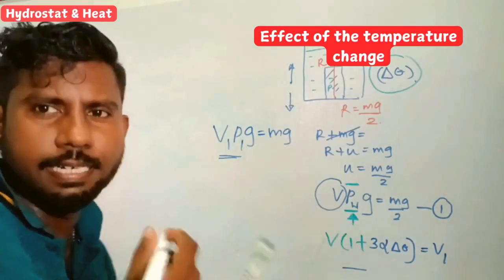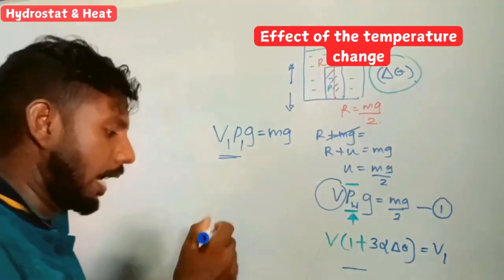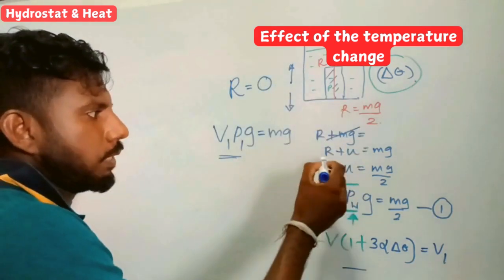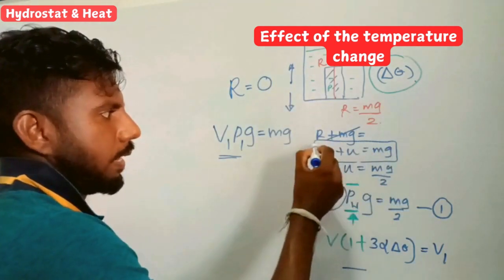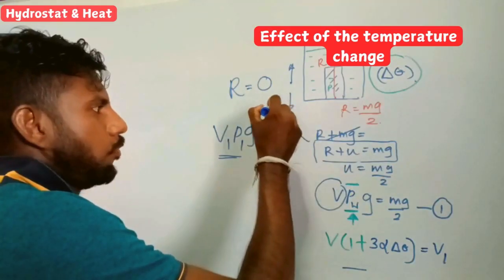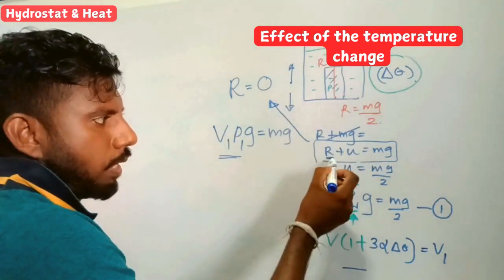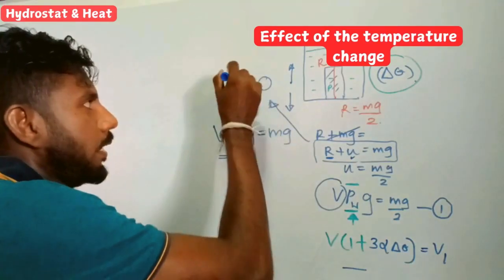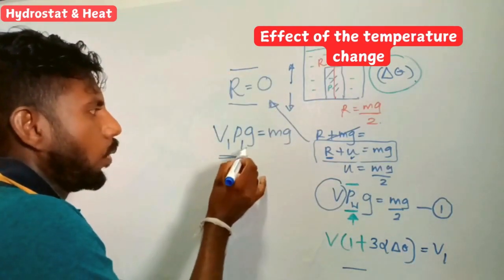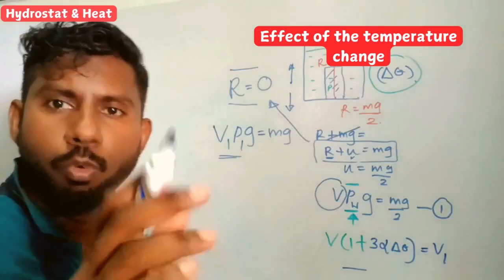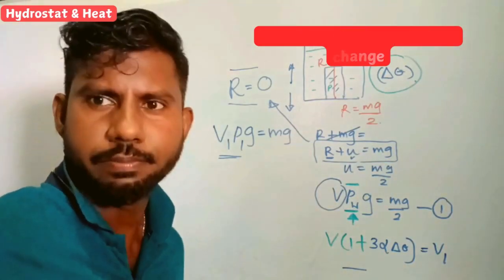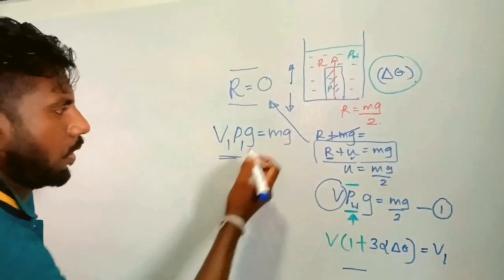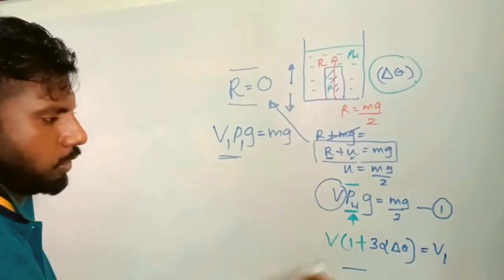They are not directly telling it. What they are telling is that the reaction becomes 0. So from this equation, if the reaction becomes 0, upthrust must be equal to mg. So upthrust V1 rho 1 g is equal to the weight.